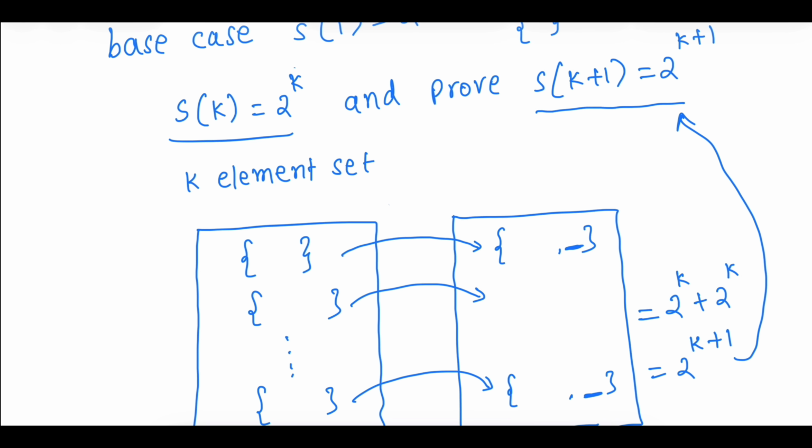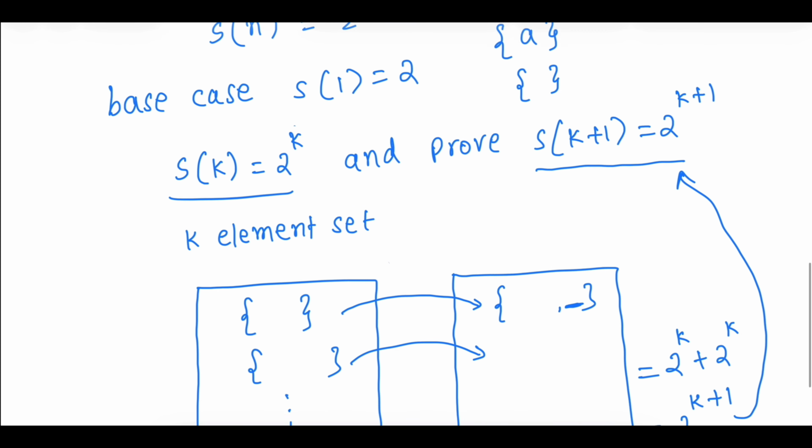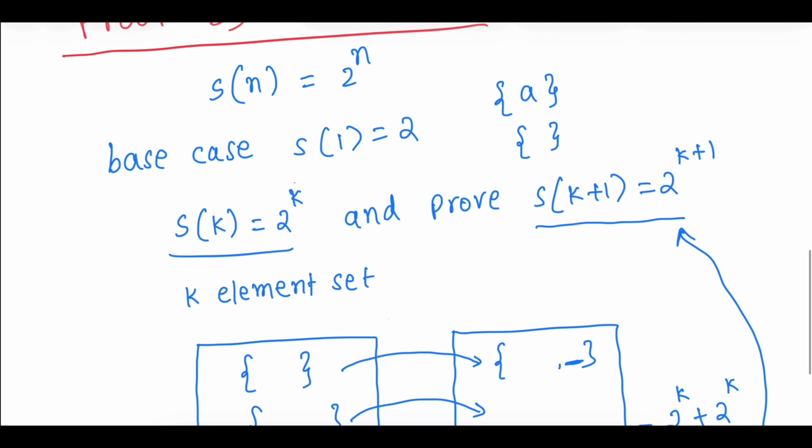So now that we have proved that it is true for k plus 1, assuming it was true for k, this is true for all the natural numbers.